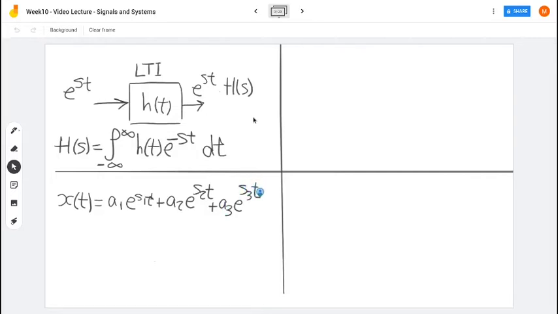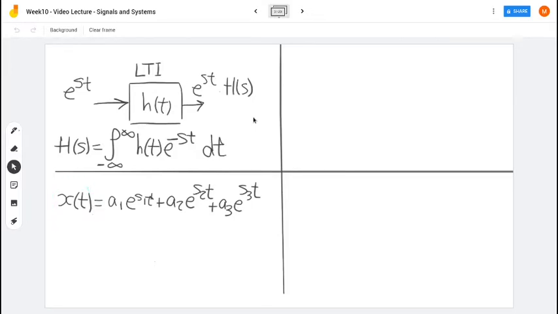And let's say we want to compute the output. We will apply this x(t) as an input signal to an LTI system, and we need to find the output. Based on what we have learned in the previous chapter, we will need to do convolution between this input x(t) and the system impulse response.